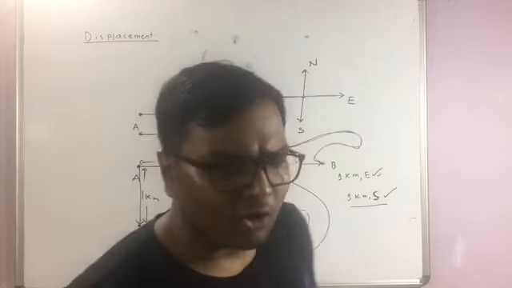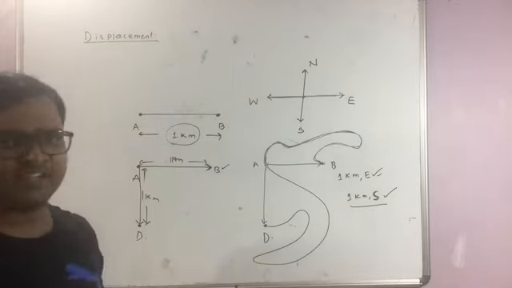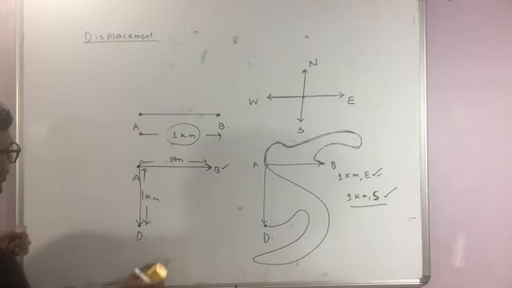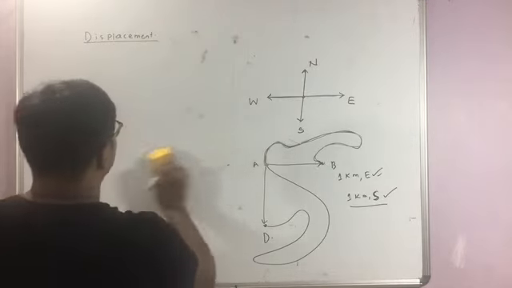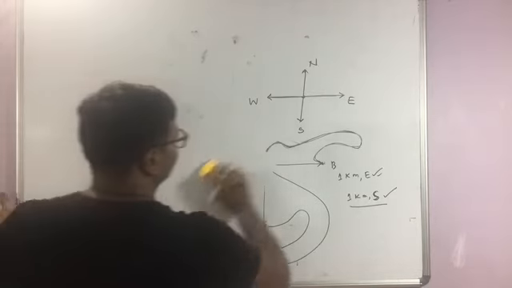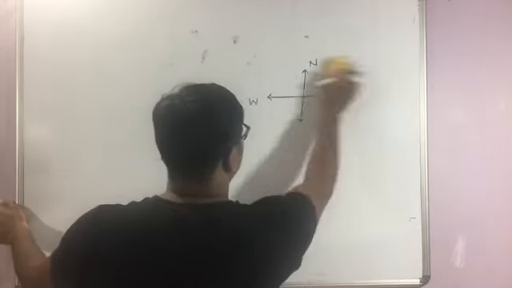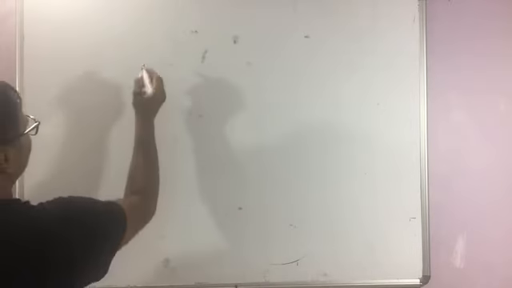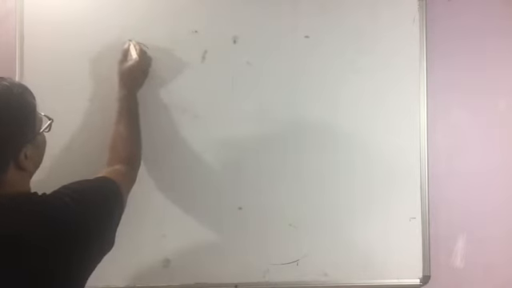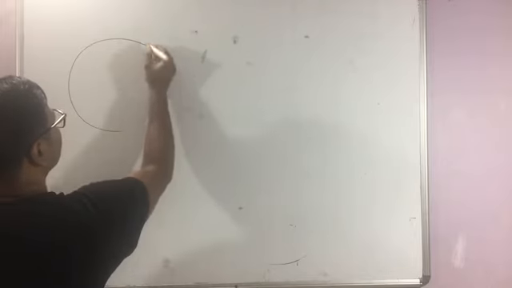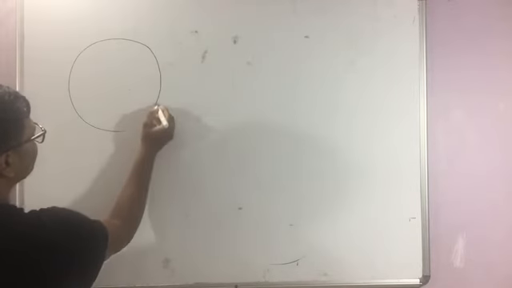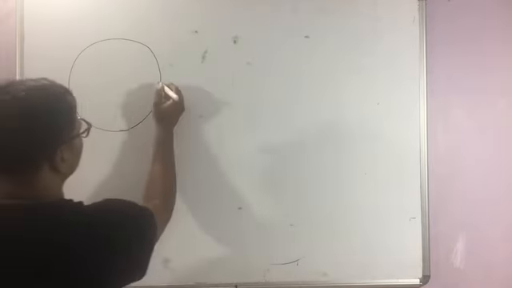Now let us solve a question related to distance and displacement. If I solve this simple question, then you will get to know the difference between distance and displacement. Suppose an object is moving in a circular path with a constant speed.